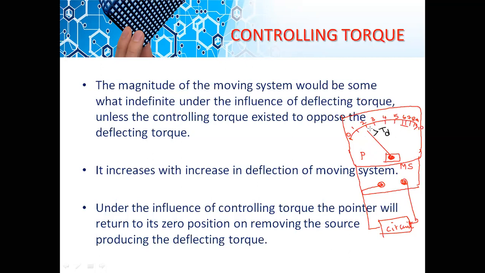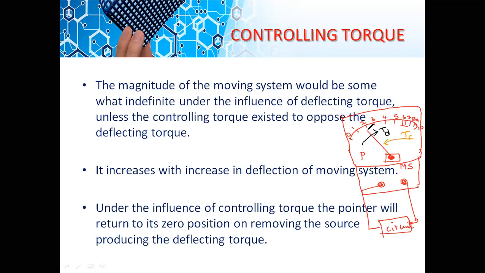So to stop at this position, we require another torque which opposes the deflecting torque, that acts in opposite direction of the deflecting torque, and that torque is what we call as controlling torque. So you can see that deflection torque is acting this way, controlling torque is acting this way, and the pointer is stopped at 2 at this position.